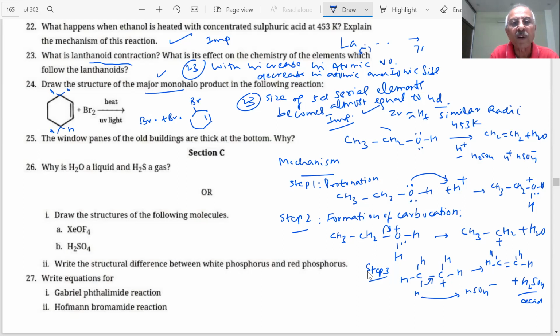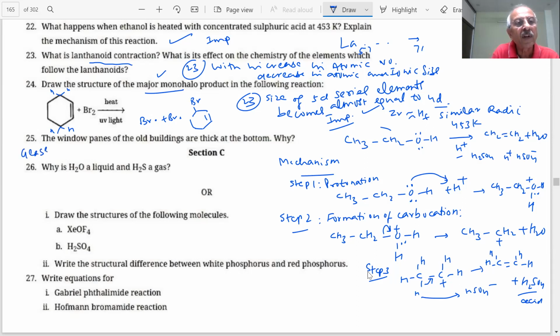The window panes of old buildings are thick at the bottom, student. Why? Because glass has a property to flow. It flows down very slowly and makes the bottom thicker. Glass panes are not true solids but super cooled liquids.